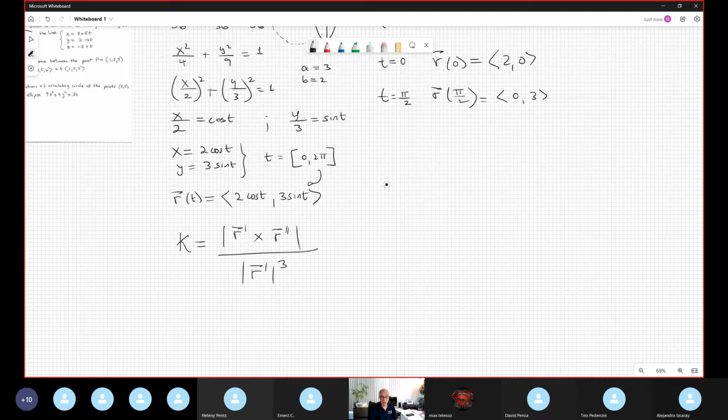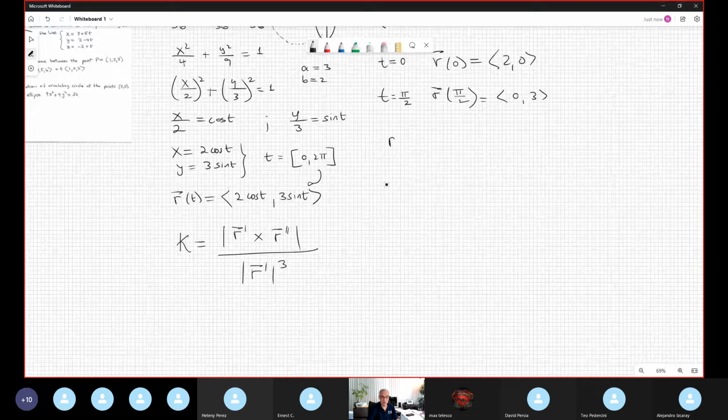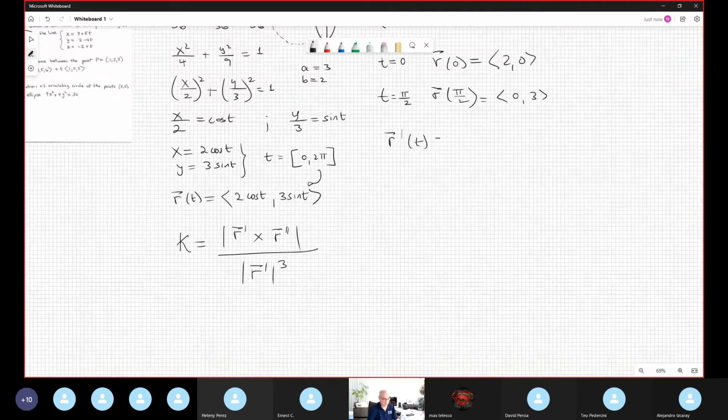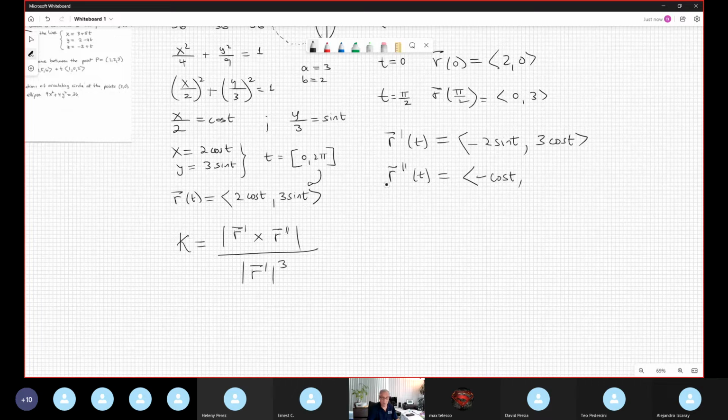So you are doing exactly the same as we did before. You differentiate one time. Let's do it quickly because it's easy. The derivative of r of t is minus 2 sine t, comma 3 cosine t. The derivative of sine is cosine, and of cosine is minus sine, so the second derivative is minus 2 cosine t, comma minus 3 sine t.